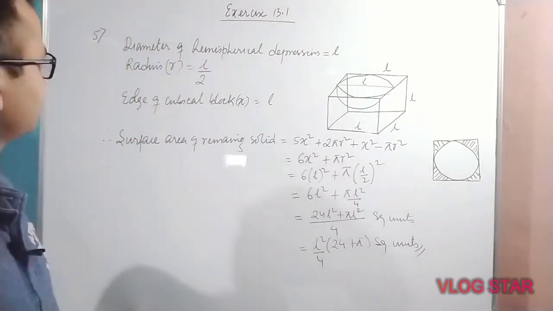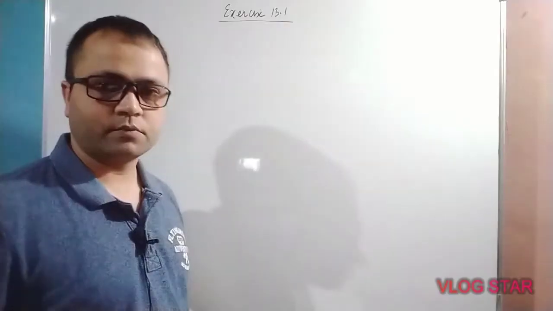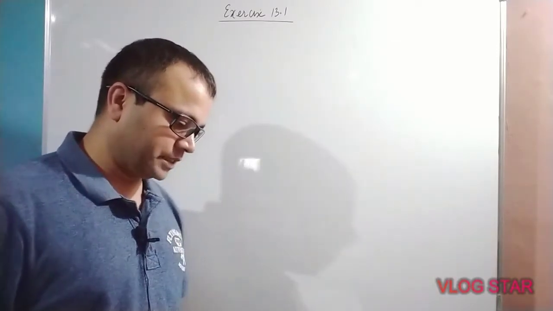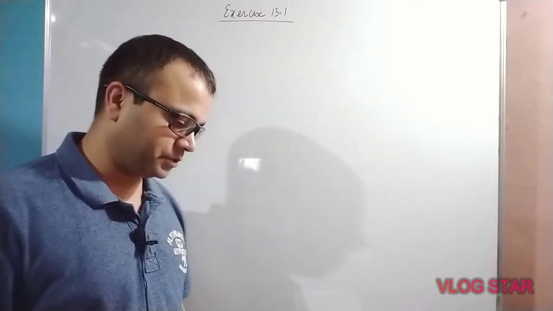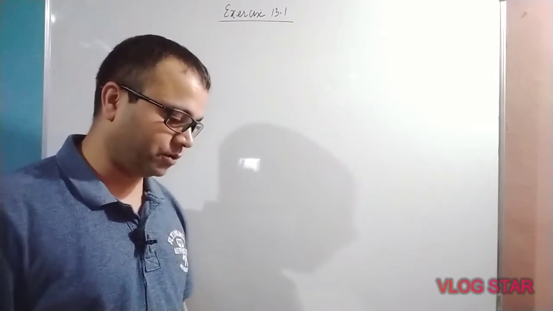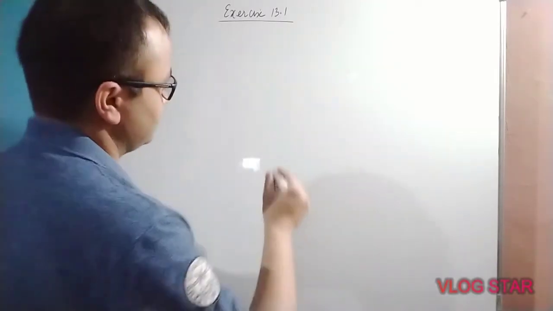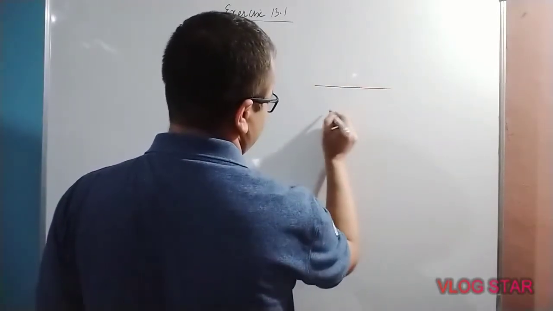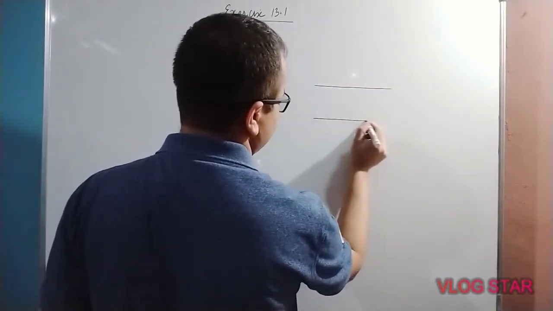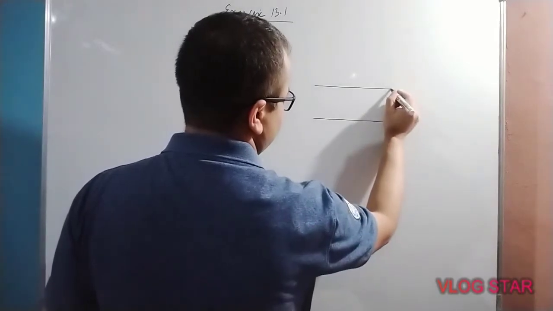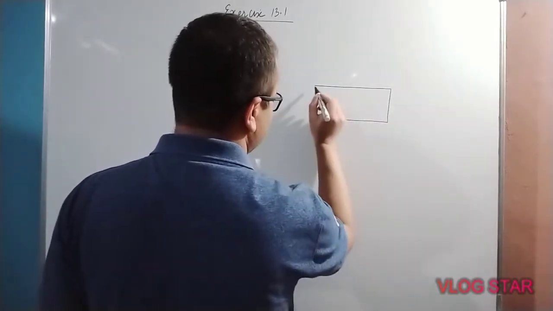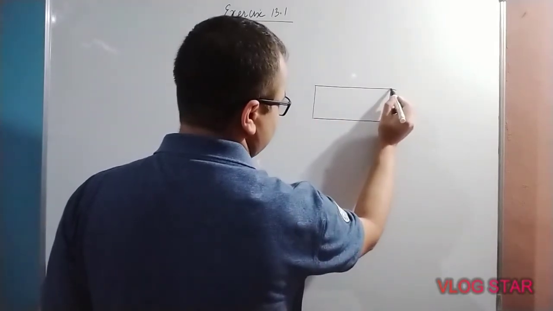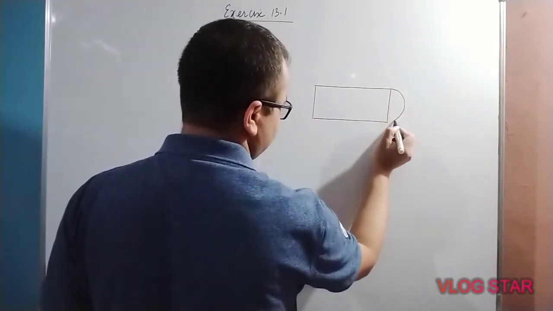Now move to question number 6. A medicine capsule is in the shape of a cylinder with two hemispherical ends. The medicine capsule is in the shape of a cylinder, and apart from the cylinder, the two ends are in the shape of a hemisphere.